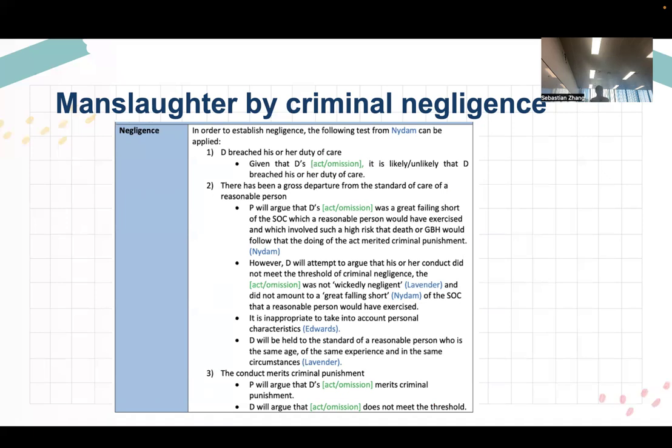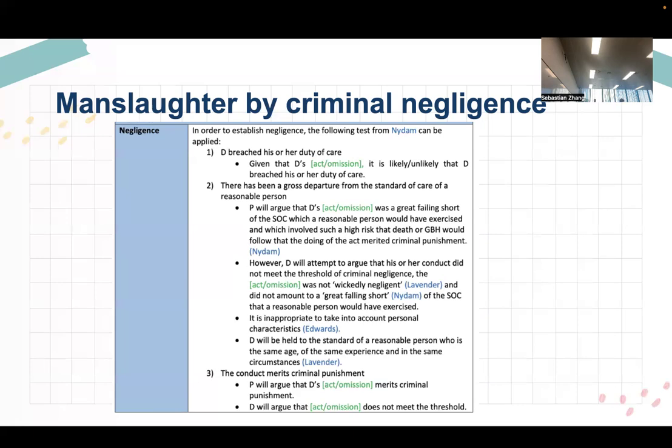And then there is a gross departure from the standard of care required by a reasonable person. So this is the MR aspect. And then finally, the act merits criminal punishment.